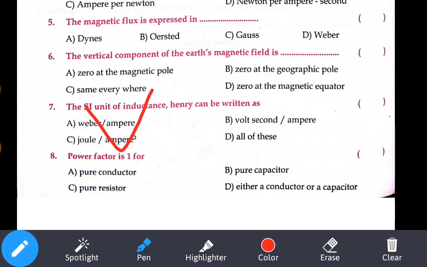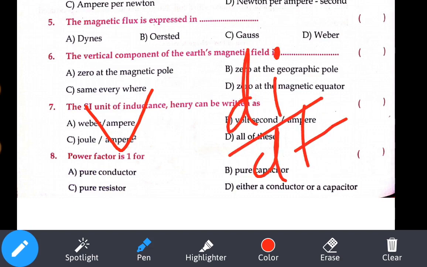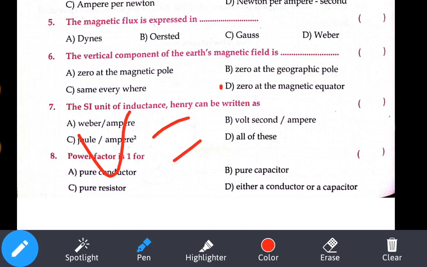Same thing here, EMF can be induced whenever there is a change in the current also, di by dt. So V is proportional to di by dt. When we remove the proportionality sign, we can simply write L di by dt.